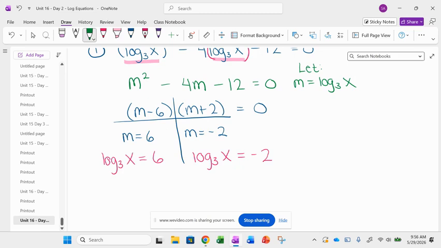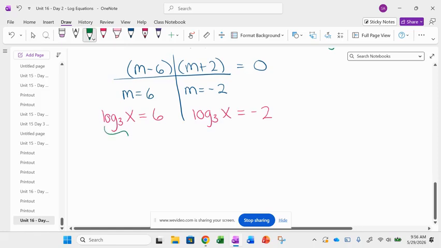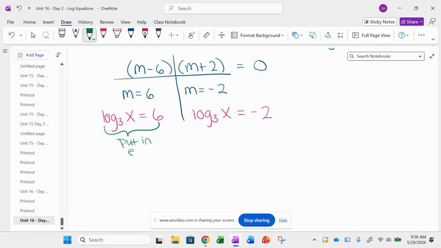Good. I can put this back into exponential. So how do we put this back into exponential? Well, my base is 3. My exponent is what? 6, and that should equal x.